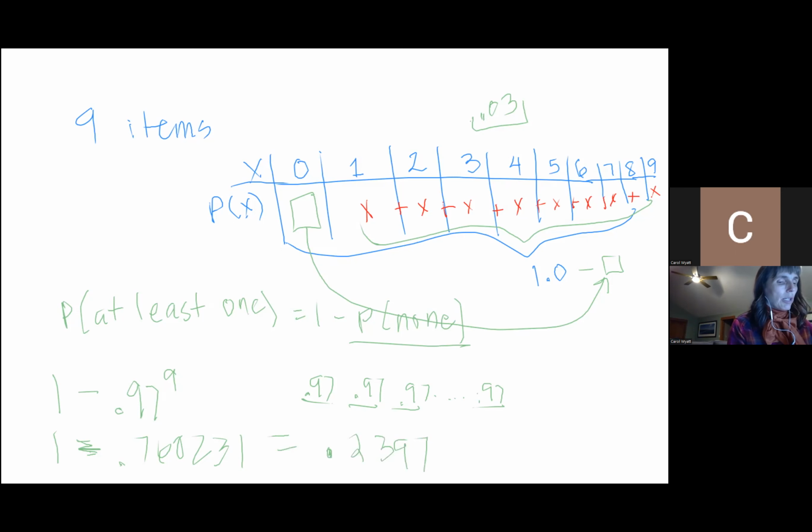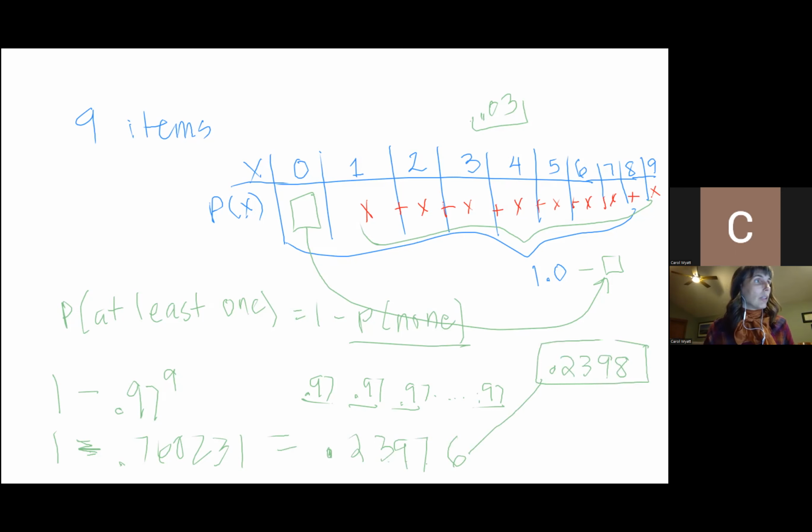So at least one defect would be roughly 24%. That is what it would be. To 4 decimal places, it would be 0.2398. So that is question number 4, at least one defect.